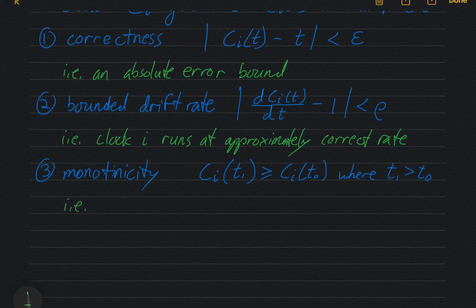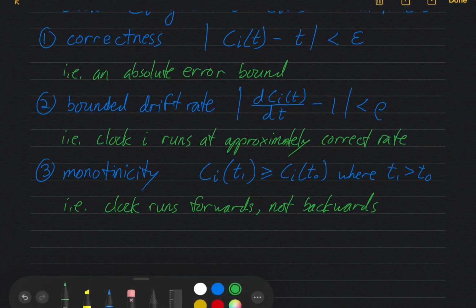So the clock runs forwards, not backwards. And there's a greater than equal sign there, and that's because you may sample the clock faster than its tick rate, so it might not have updated to the next tick if you're reading it too quickly, and that's how you could end up reading the same value twice from it.